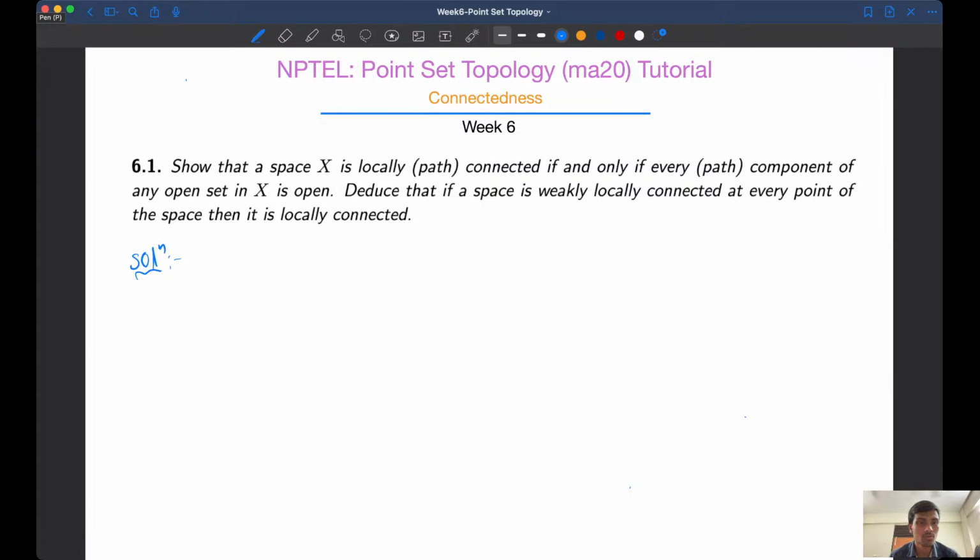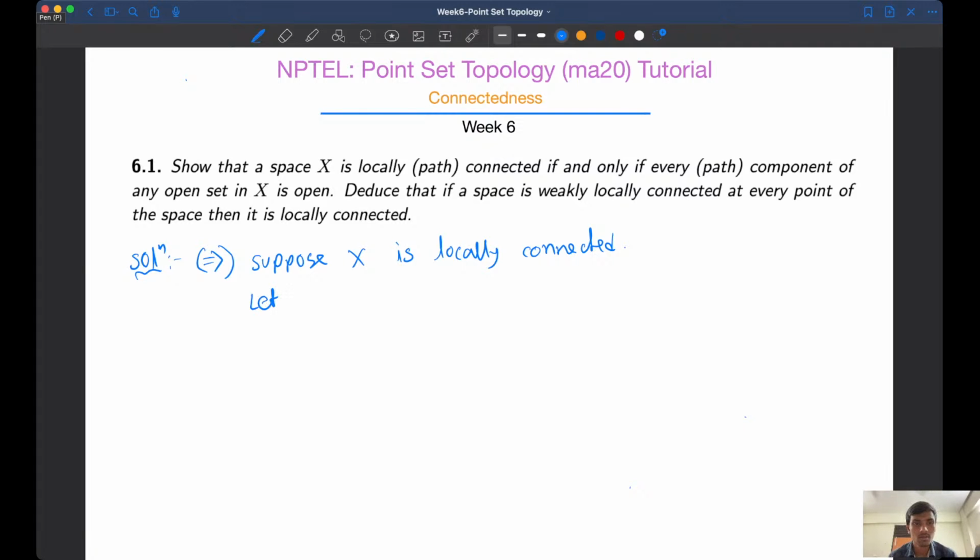Can someone say how to prove the forward part? Suppose X is locally connected. Then you have to prove every component of any open set in X is open. Let's pick an open set.